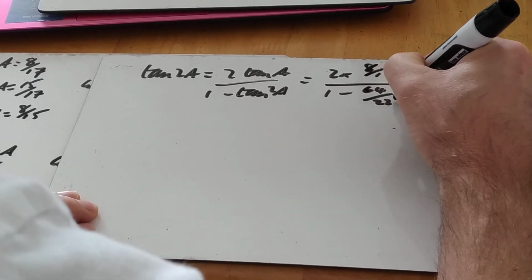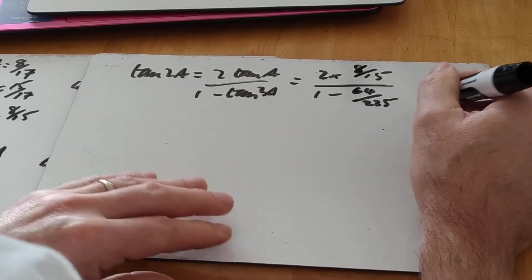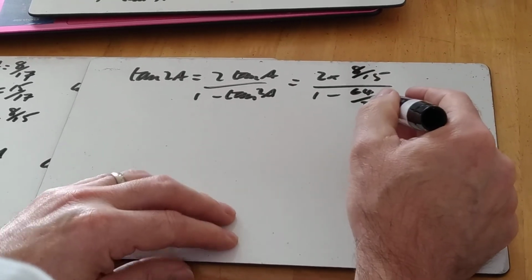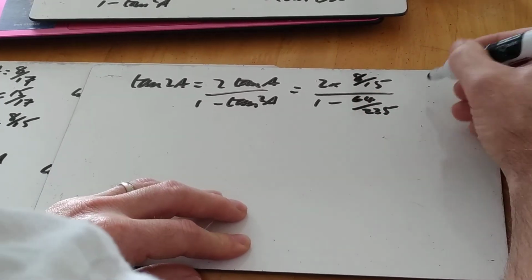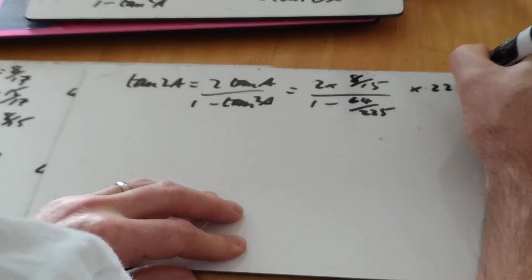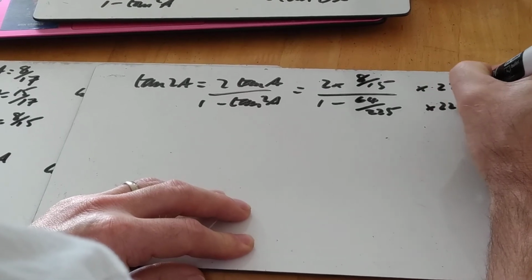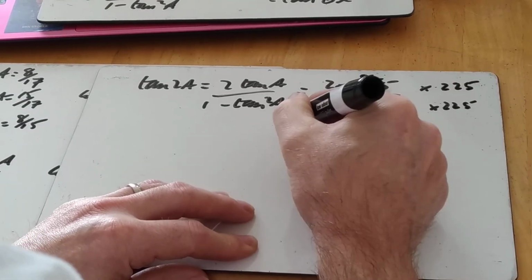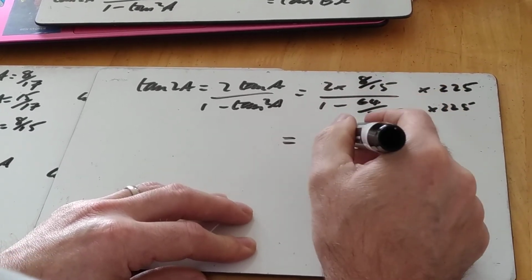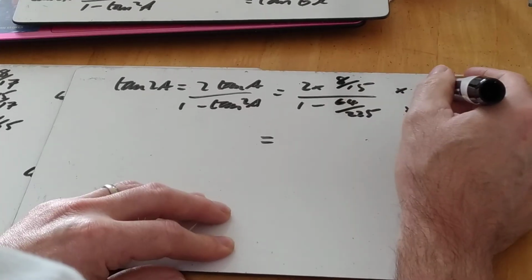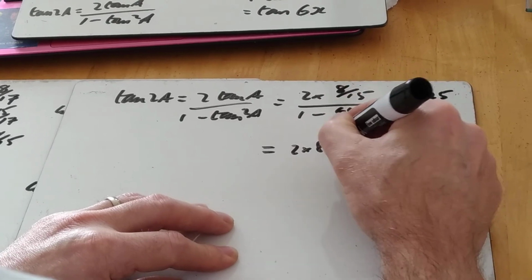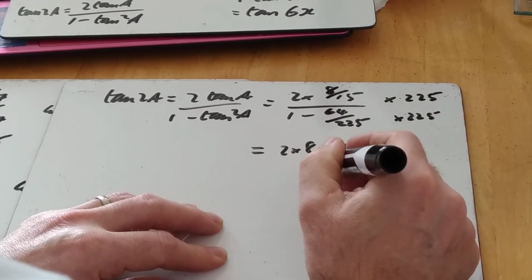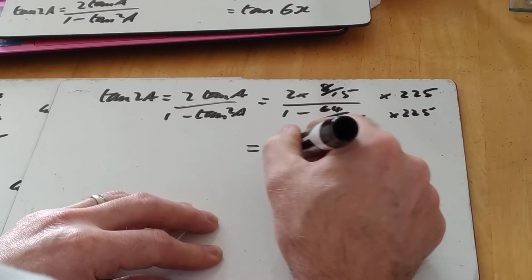Now, because I've got fractions within fractions, I want to get rid of these 15 and 225, so I'm going to times everything, top and bottom, every single term by the 225. So I end up with a fraction, but not with fractions within fractions. So in this case, I've got 2 times 8, and I've got a 15 left over when the 15 cancels into the 225.